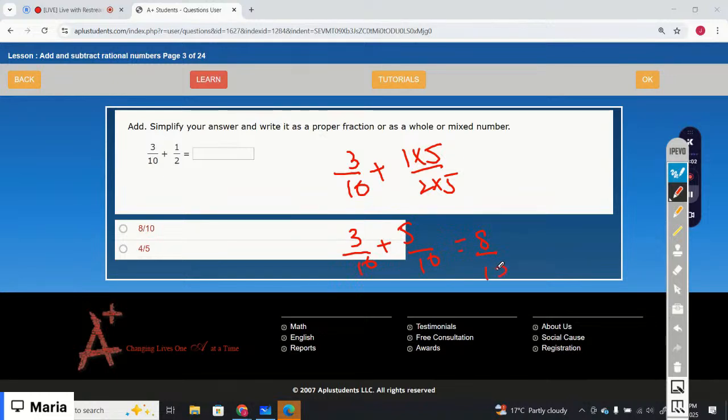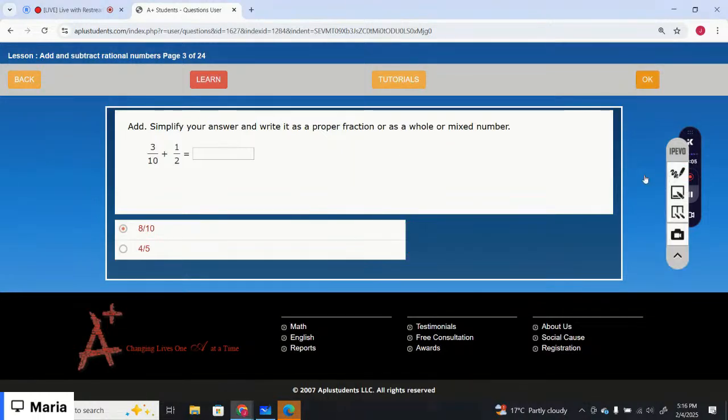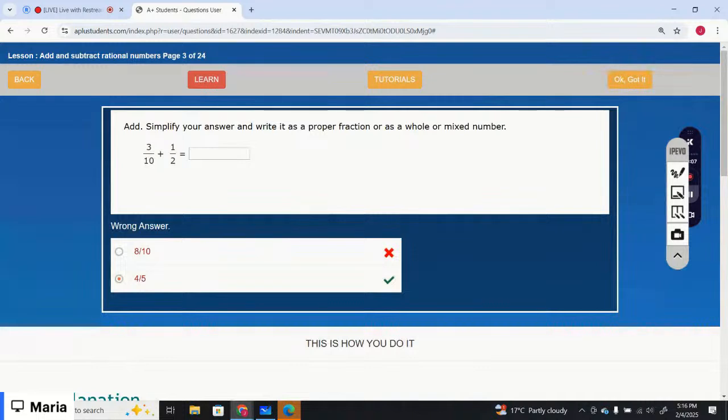That is 8 over 10. Option number 1 is the correct option. You have to simplify the answer. That is 4 over 5.